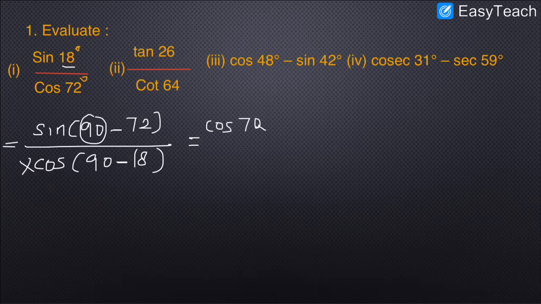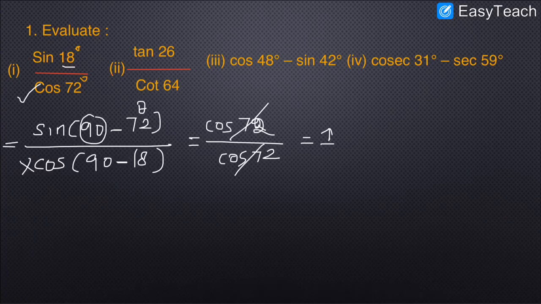Let's do the second one. Tan 26. For tan 26, I am going to write this as tan 90 minus 64, divided by cot 64, because tan 90 minus theta is cot theta. So cot 64 by cot 64. We will cancel out, the remaining answer is 1.